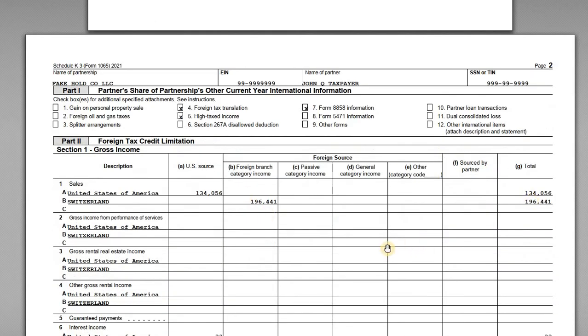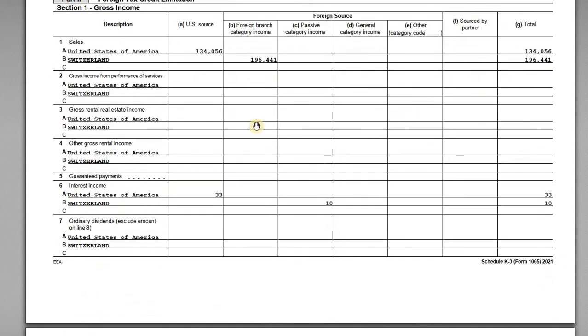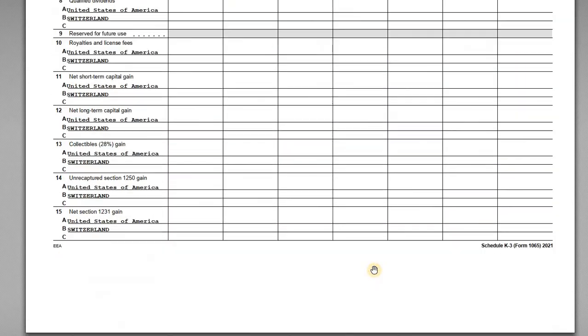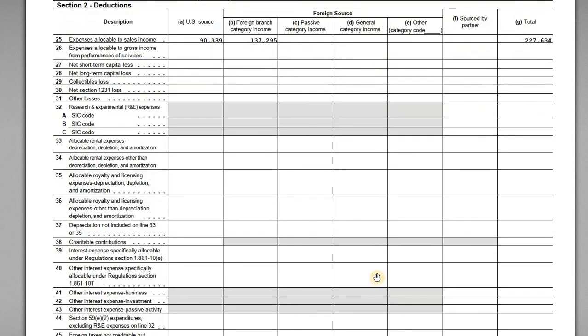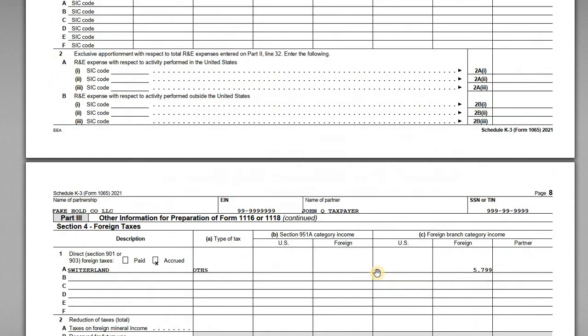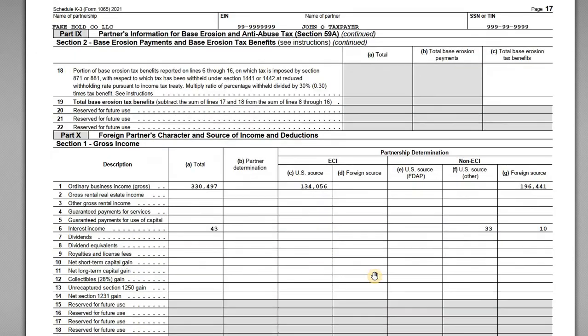And then Part 2, so all these are going to be the same as what we saw for Jane. John's going to see this breakout of U.S. versus foreign types of income. The same thing with the expense allocations right down here in Section 2 for the deductions. And then the ECI section as well. Now the ECI section might be kind of a moot issue for John.